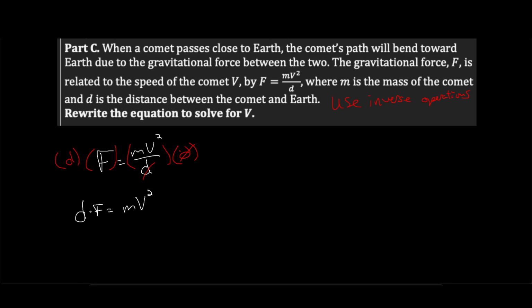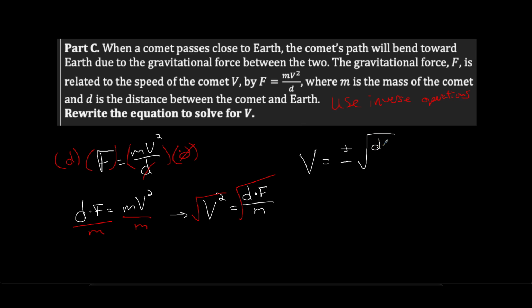So now I'm going to rewrite it like this: I have v squared equals d times f divided by m. Last step, take the square root of both sides to get rid of that exponent. And so now I can say, all right, v is going to be equal to plus or minus the square root of d times f over m.